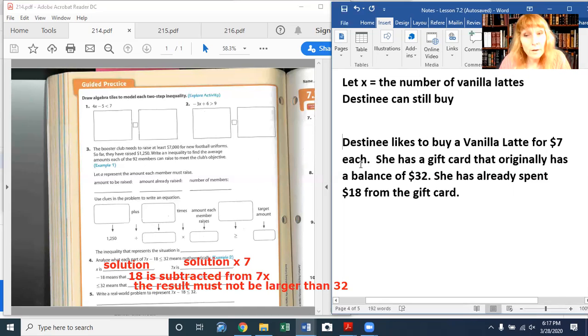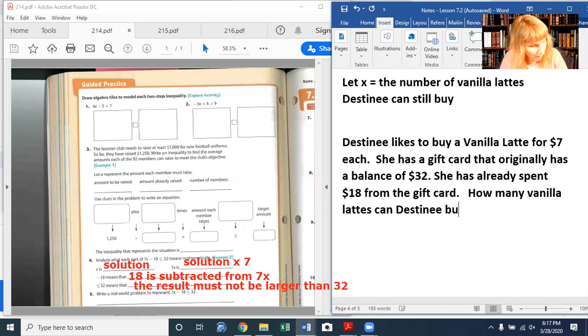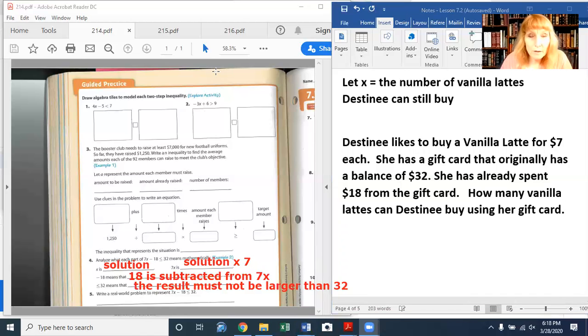She has a gift card that originally has a balance of $32. She's already spent $18. We know that they cost $7 each. So the question is, how many vanilla lattes can Destiny buy using her gift card? You just kind of have to look at the numbers in the problem and come up with a situation. So you have to figure out what your variable is going to represent.